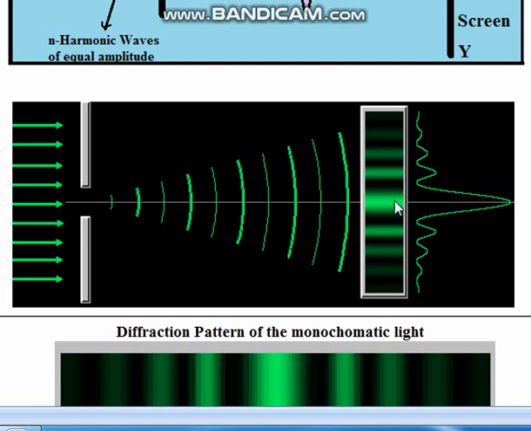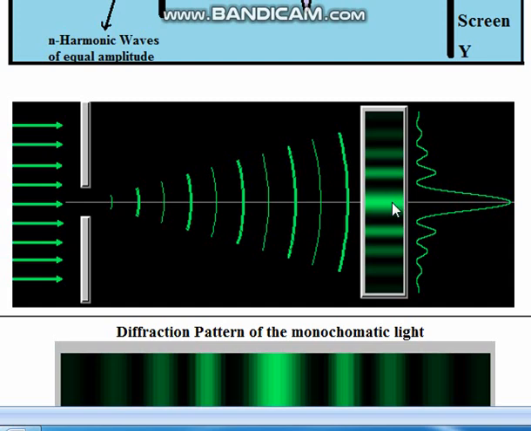You can also see that there is a basic difference between the diffraction pattern and the interference pattern: the intensity of the bright bands here is not equal for all bright bands.